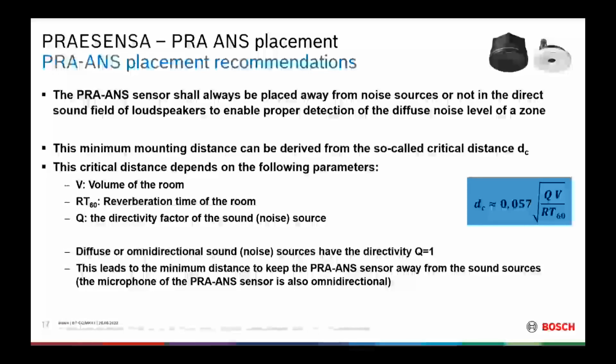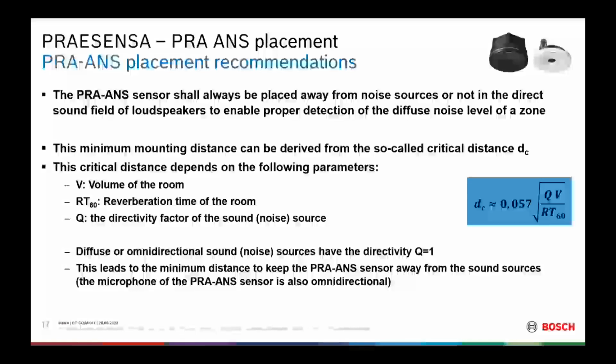The same is valid for the reverberation time, the RT60 of my room or of my area, which I consider as one acoustic zone. And last but not least, the so-called Q factor, the directivity of my sound source, or also my noise source, which distributes sound into the room.